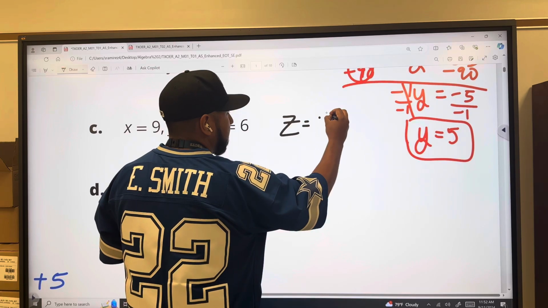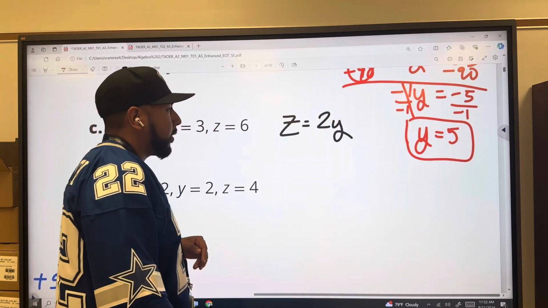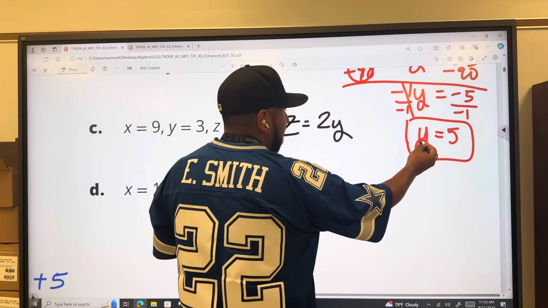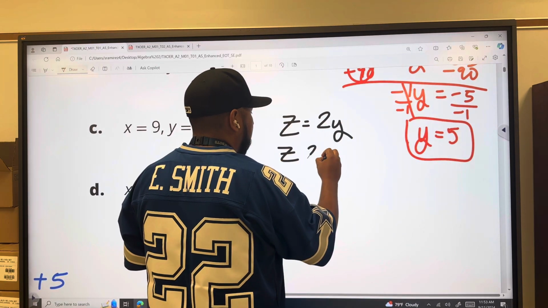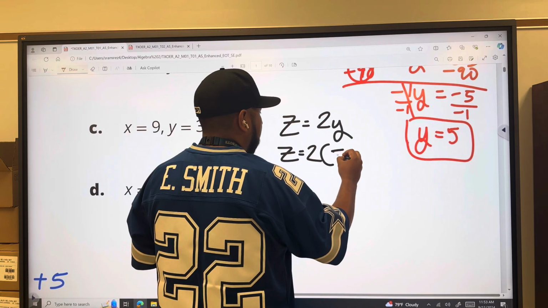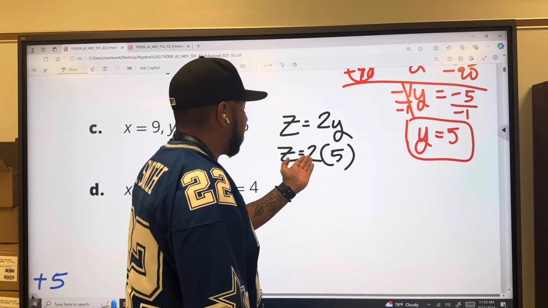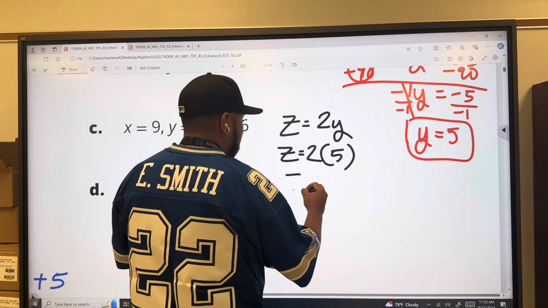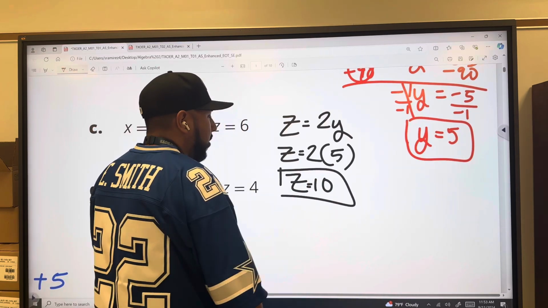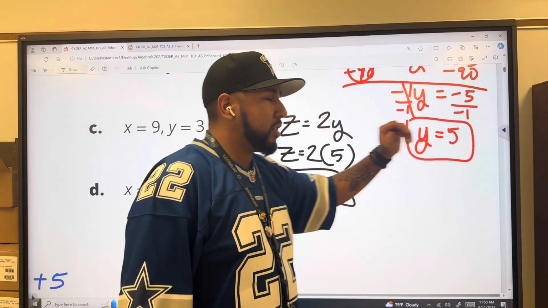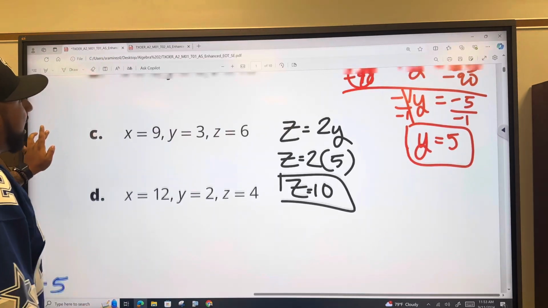Z equals 2y. So now I'm going to take this 5, substitute it, and then we get our z. 2 times 5 is 10. Boom. Two pieces just like that.